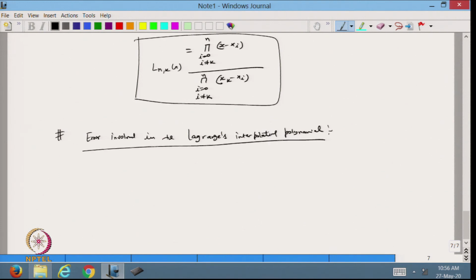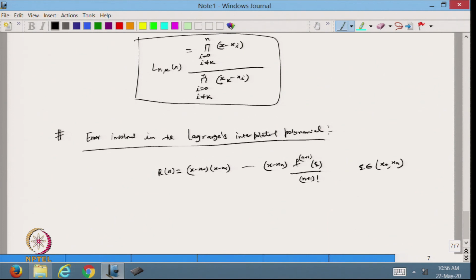So we know that in the previous cases also, the error involved I have written as R(x). So R(x) can be written as (x − x0)... these are all the nodal values, at the nodal values x0, x1, and so on, times f^(n+1)(xi) over (n+1) factorial, where this xi belongs to some value between x0 and xn.